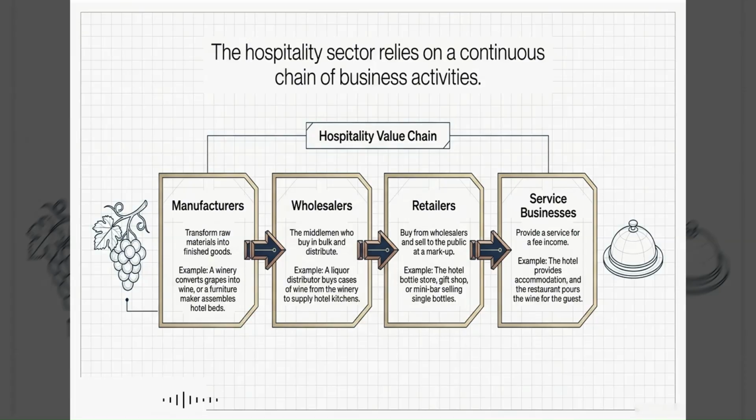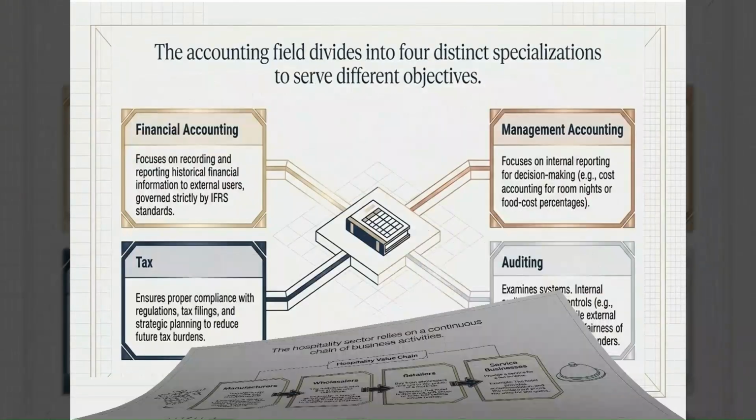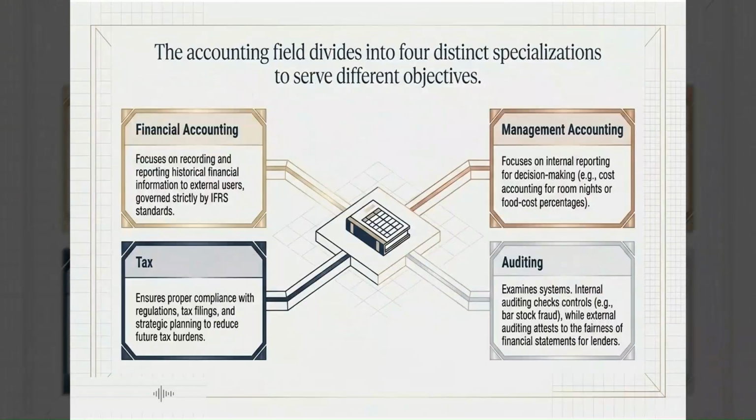That is precisely why departmental reporting exists. The last piece of the map is the field of accounting. Accounting has to serve two very different objectives, and two distinct branches grew up to serve them.